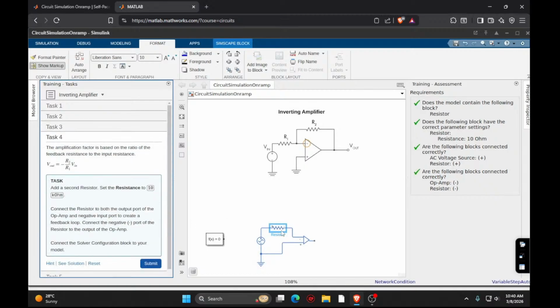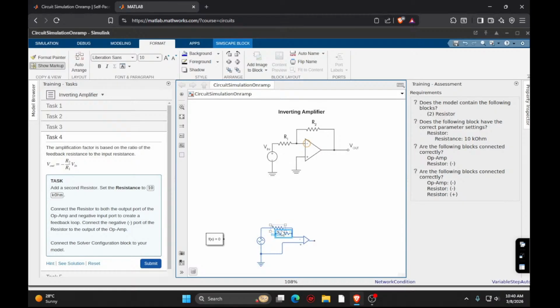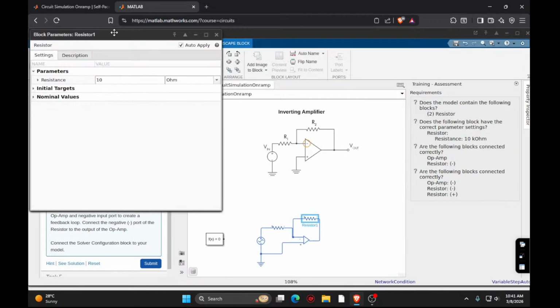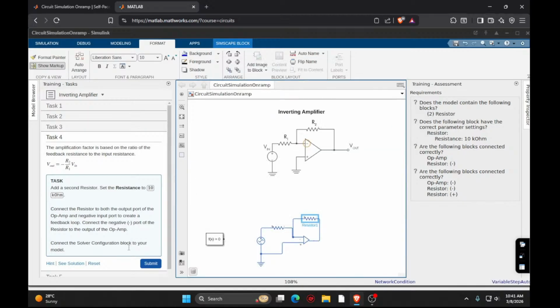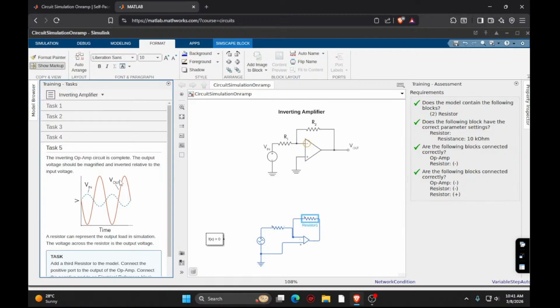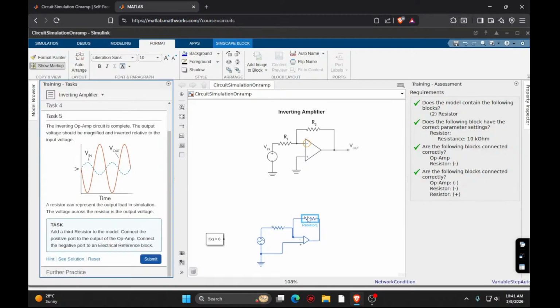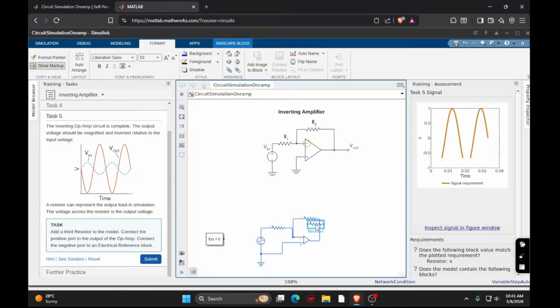Add a second resistor and set the value to again 10 kilo ohms. Next, add a third resistor model.